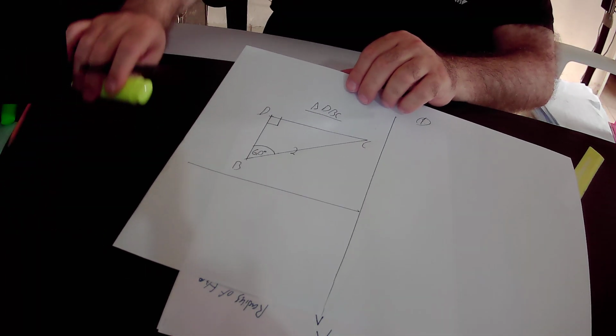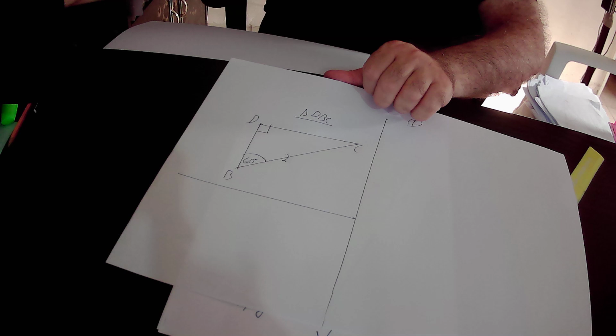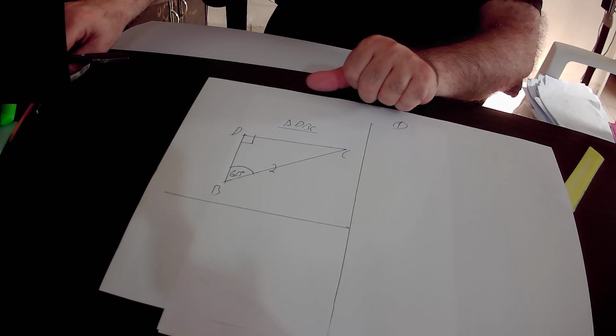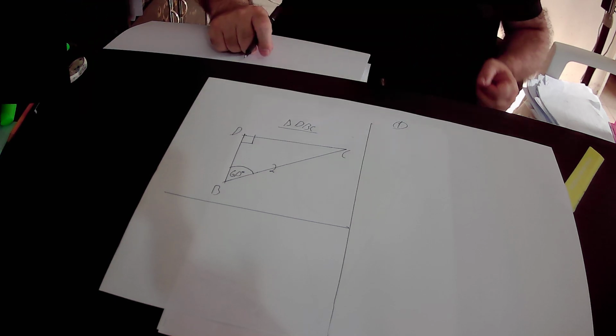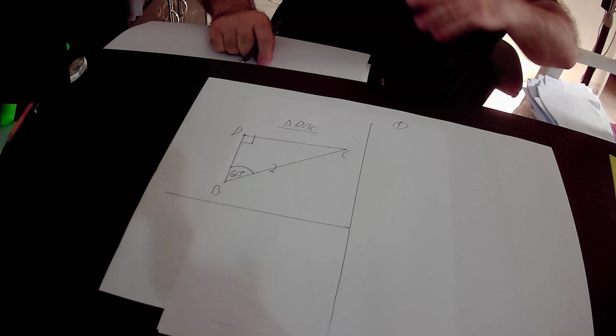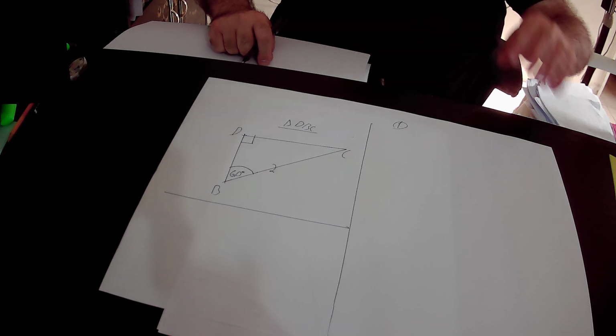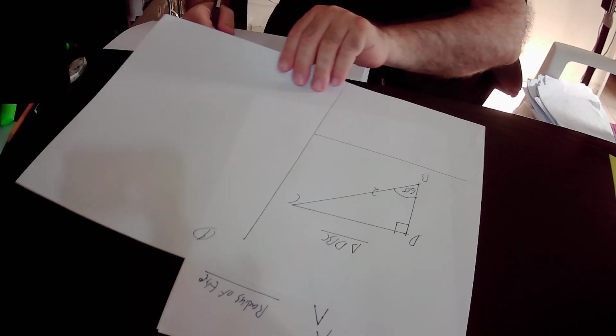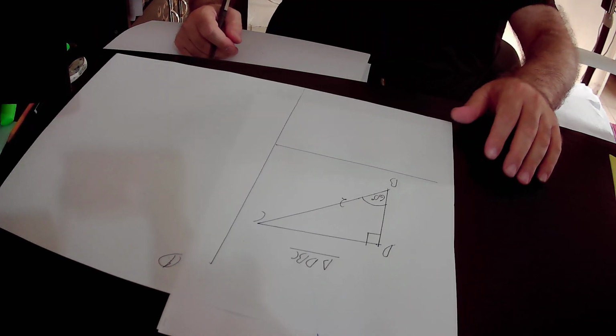This is the right triangle DBC that I copied from the original drawing. You know that the sum of the angles inside triangle DBC must be equal to 180 degrees, according to the rule that the sum of the angles in any triangle is equal to 180 degrees.